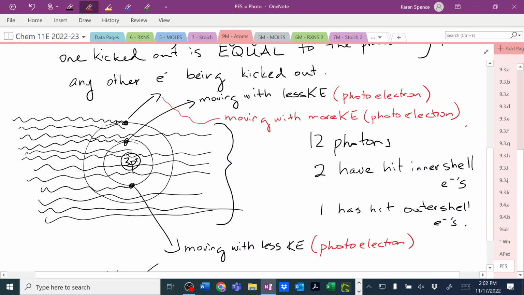What are we doing? We are shining light on this thing. We are shining all the same wavelength of light, so all of the photons have exactly the same energy. So far, so good? Okay.